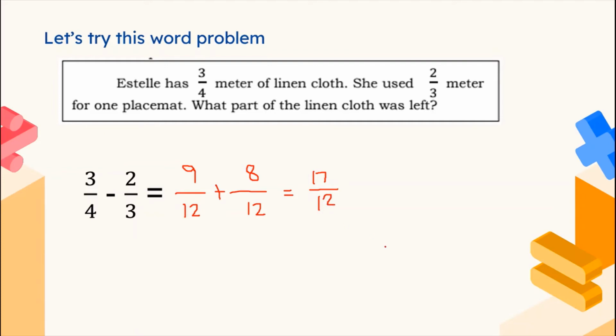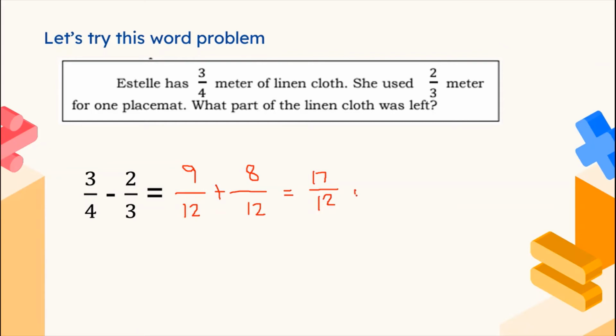Very good. We still need to simplify 17 over 12 by changing this improper fraction into a mixed number. Can you still remember how to convert an improper fraction into a mixed number? That is by dividing. So, 17 divided by 12.